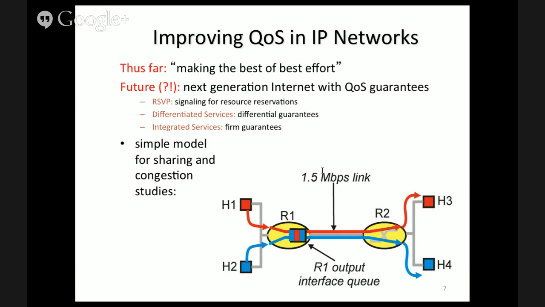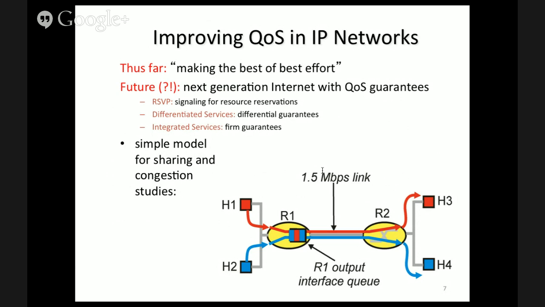So we basically have two connections: the red one that links host H1 to host H3, and the blue one that links host H2 to host H4.